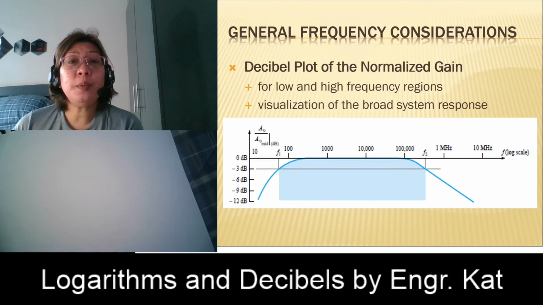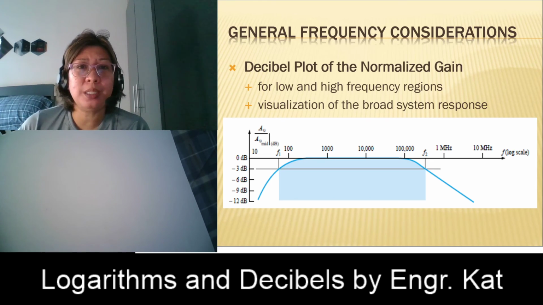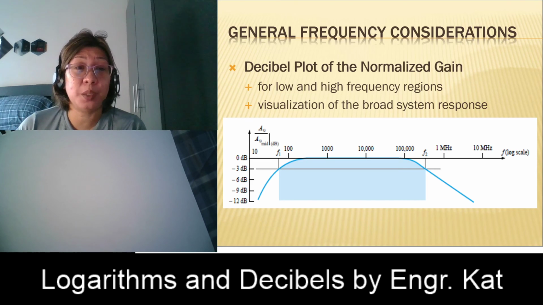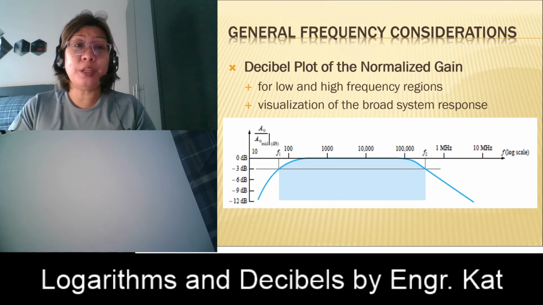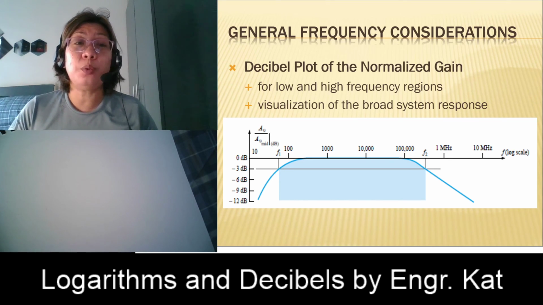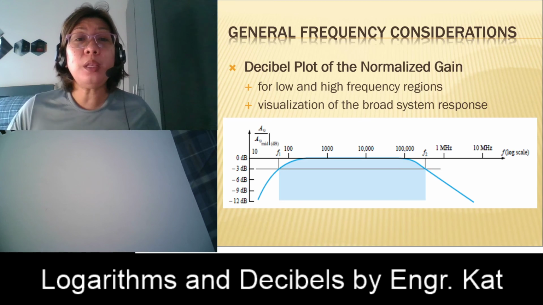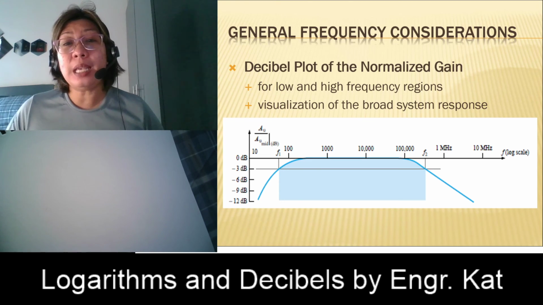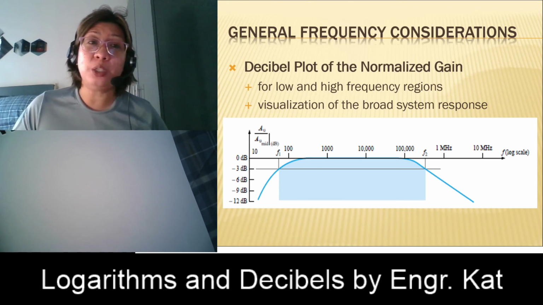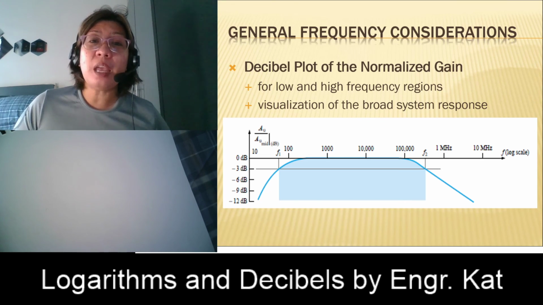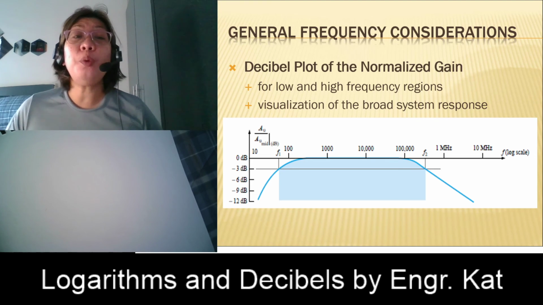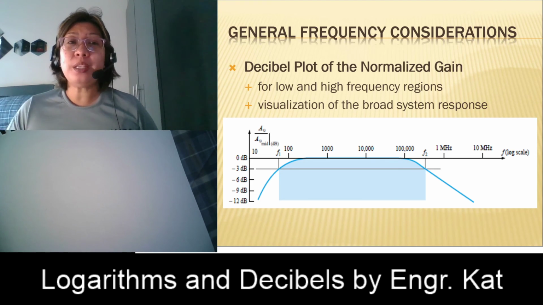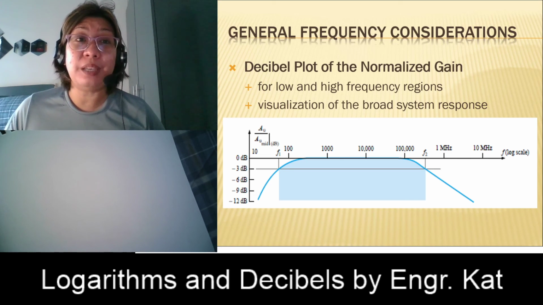So the decibel plot of the normalized gain for low and high frequency regions is a visualization of the broad system response. As you can see, any value of your gain which is equal to 1 will give you 0 dB. So as you can see, class, you have here your 0 dB. So this is your midband. And every time you are decreasing, at 0.707, if you get the decibel for 0.707, that will give you negative 3 dB.